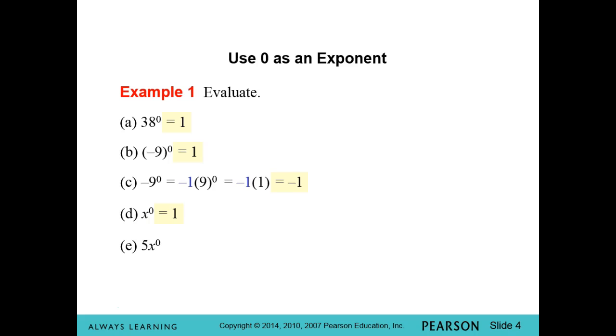Well, you do your exponent first. x to the 0th is 1, then multiply 5 times it and you get 5 exactly. Remember, do the exponent first, then multiply or divide or whatever it's asking for. 5 times 1, which is 5. Got it? See it?